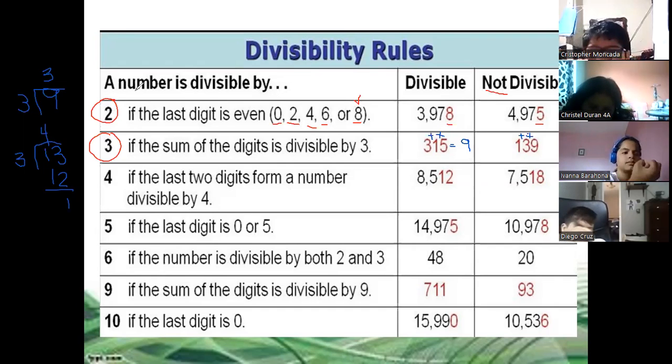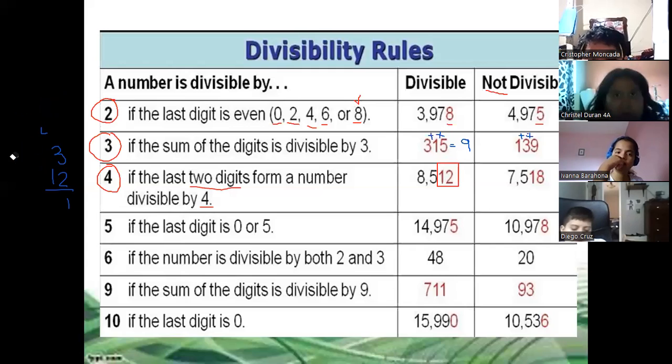Now, a number is divisible by 4 if the last 2 digits form a number divisible by 4. We don't need to add them, we need just to divide the last two digits.